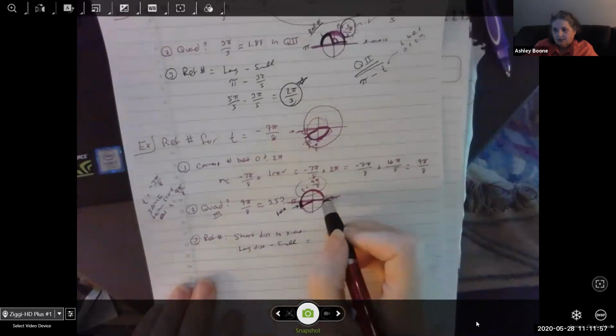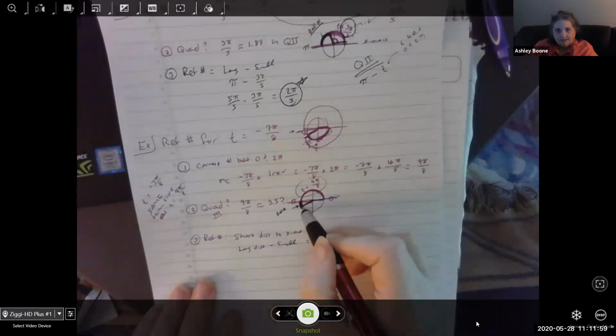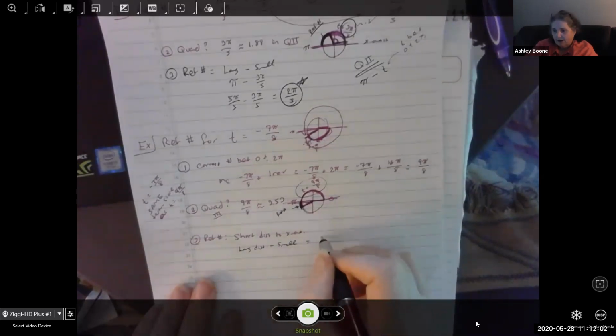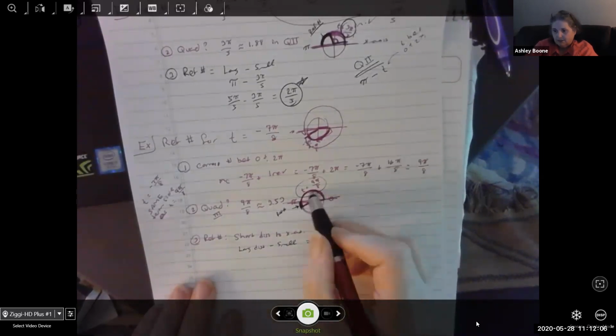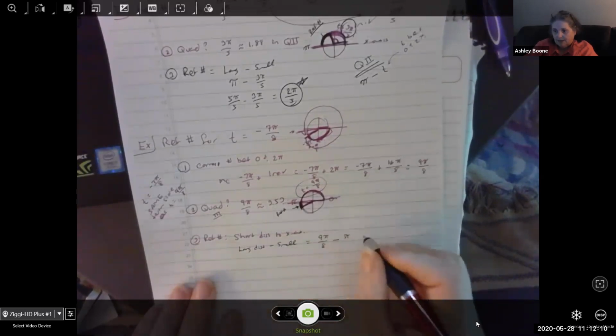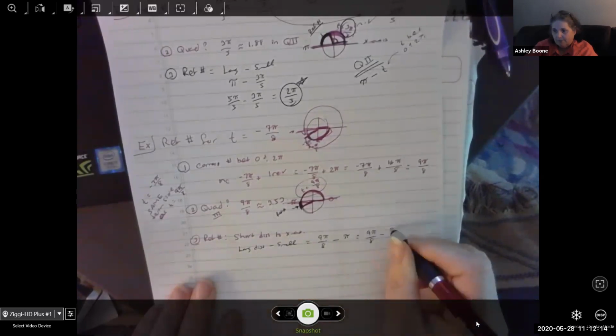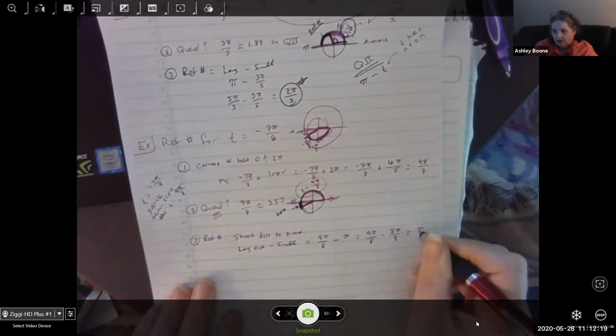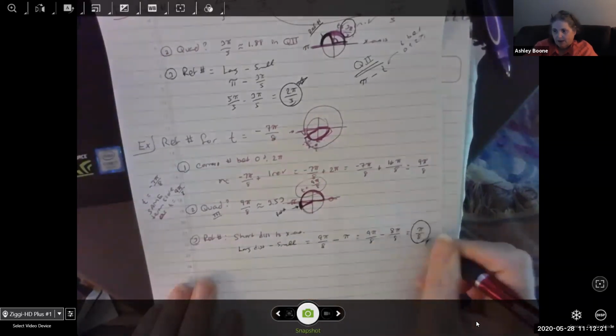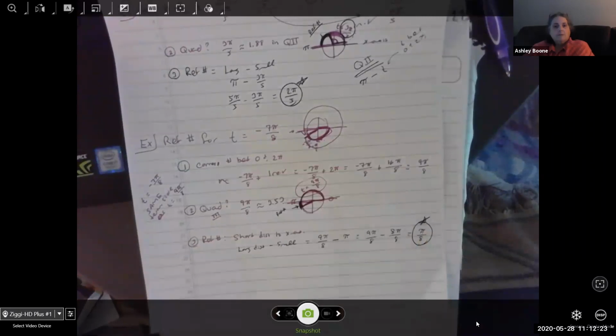So our larger distance was the distance to the terminating side, 9 pi over 8, minus the shorter distance, which is just to the x-axis, that's pi. So that's going to be 9 pi over 8 minus, pi can be written as 8 pi over 8. 9 minus 8 is 1. So that's just pi over 8. Pi over 8 is our reference number for that one.